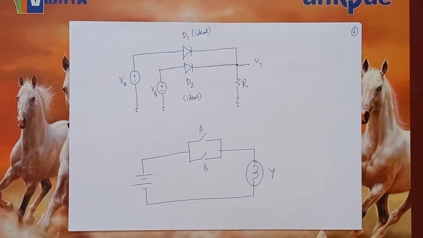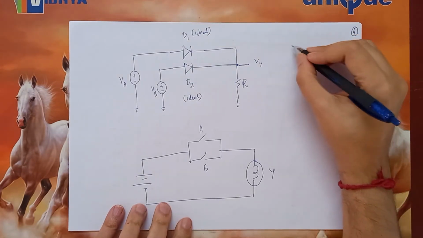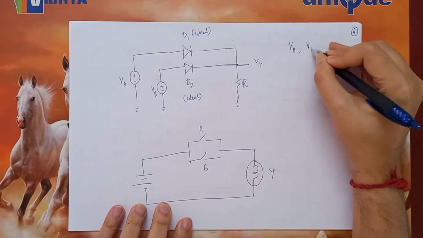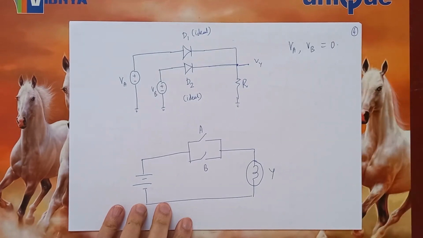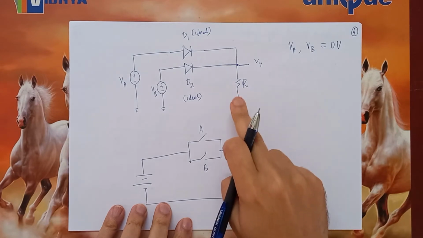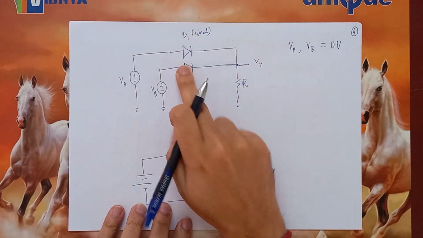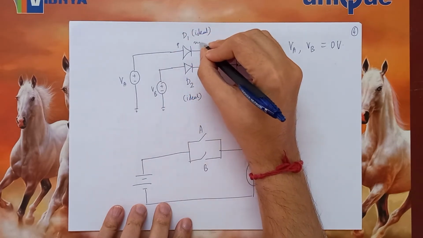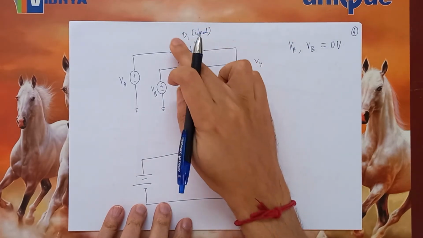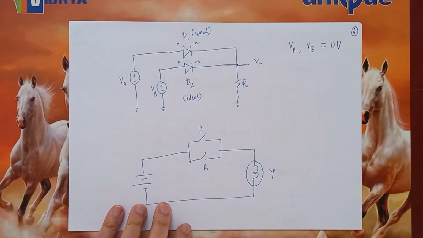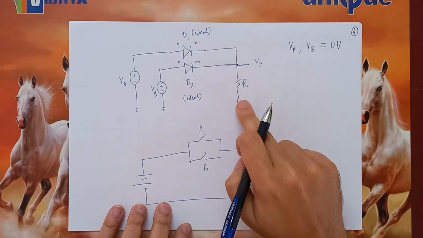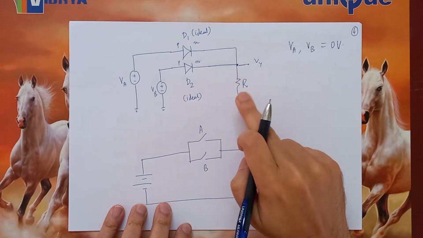So therefore, one thing I can say is that when VA and VB are both 0 volts, in that case, the P side of each of the diodes, this is P, this is N, this is P, this is N. The P sides of both of these diodes are 0 volts and the N side is also indirectly connected to ground.